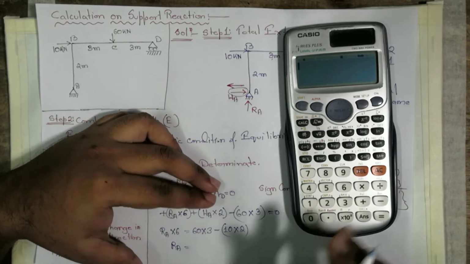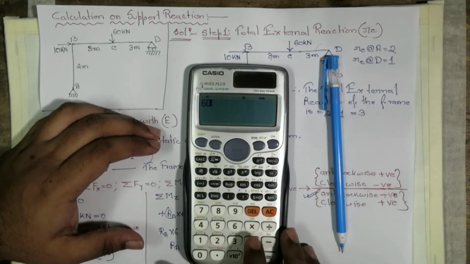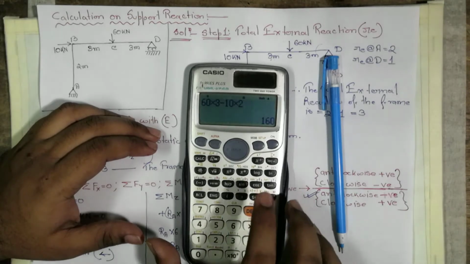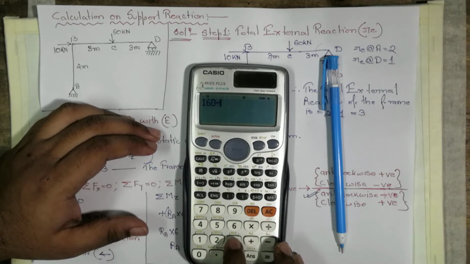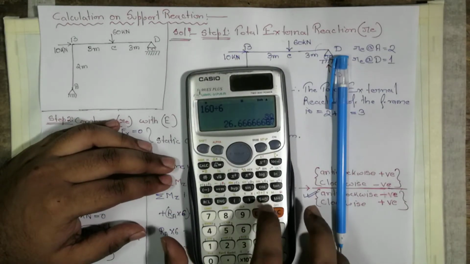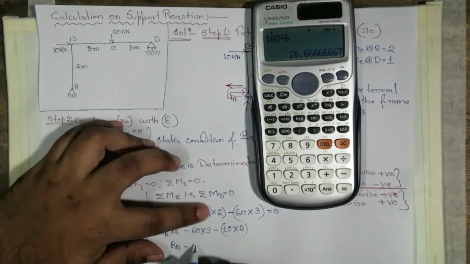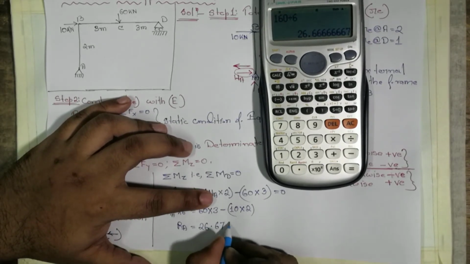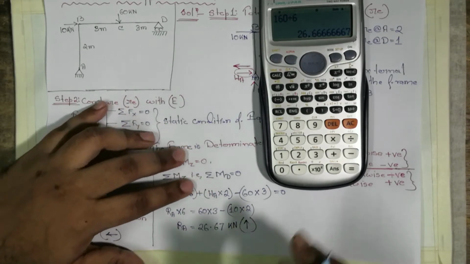RA is equal to 60 into 3 minus 10 into 2, which is 160. We have to divide it, 160 divided by 6, equal to 26.666. Now we are going to take this as 26.67 kilonewton. This is vertically upward.